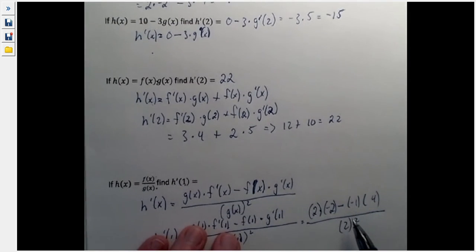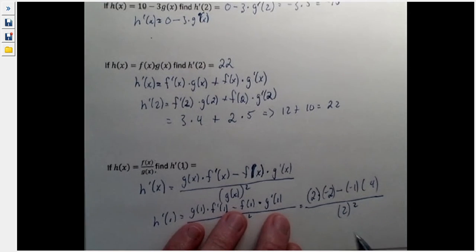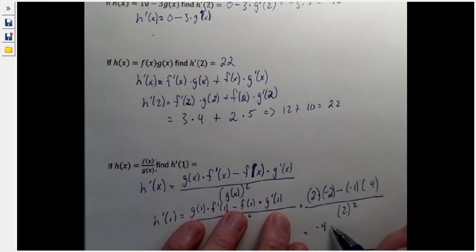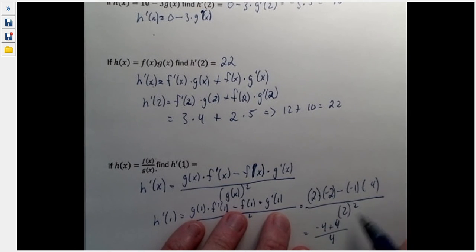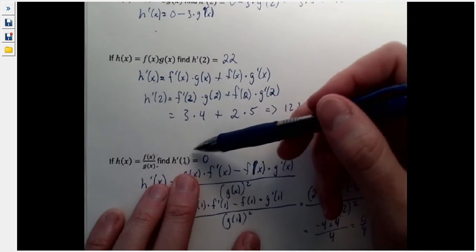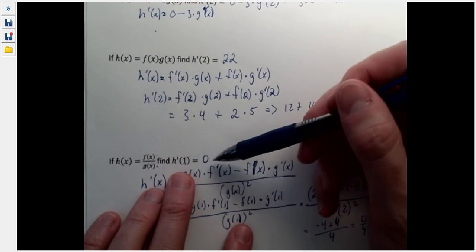So I've plugged in my values. 2 times negative 2 is negative 4, minus a negative, so that's negative 4 plus 4, over 4. So negative 4 plus 4 is 0 over 4, which is 0, which means that the derivative at 1 is 0.